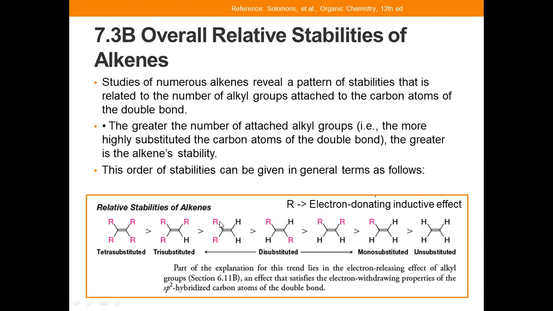Di, when there are only 2 groups attached to your double bond carbon. If the R groups attach only to one of the carbons of the double bond, it's a di substituted. And if the two alkyl groups are in the trans position, it's much less stable than the di substituted.